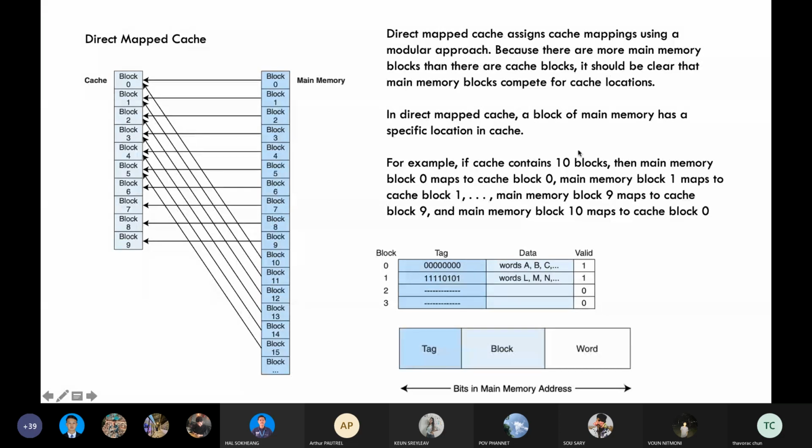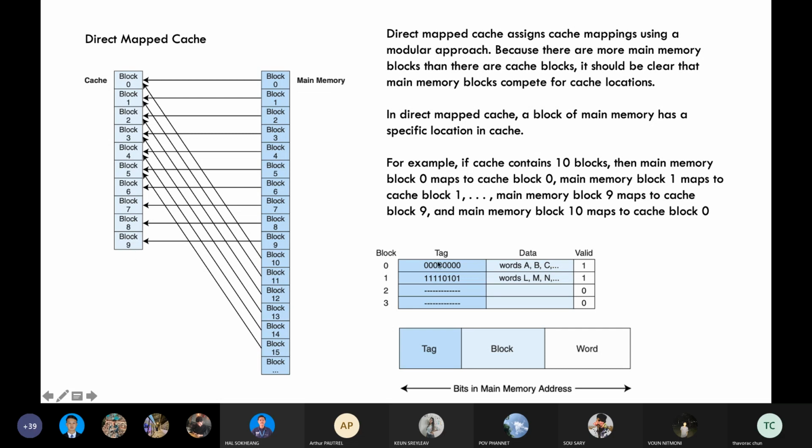Okay, so here is some example. Actually, I already talked about this. And the table you see here is the table representation of the cache. Here you see only block 0, block 1 up until 9.